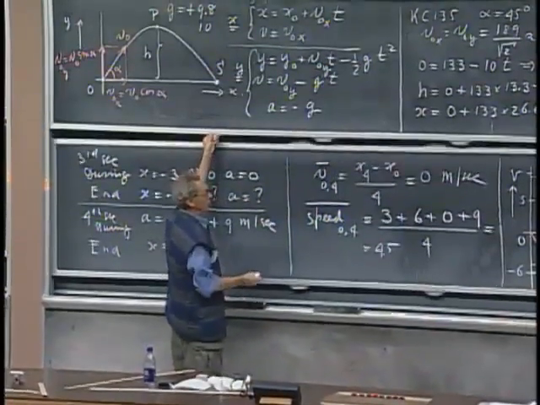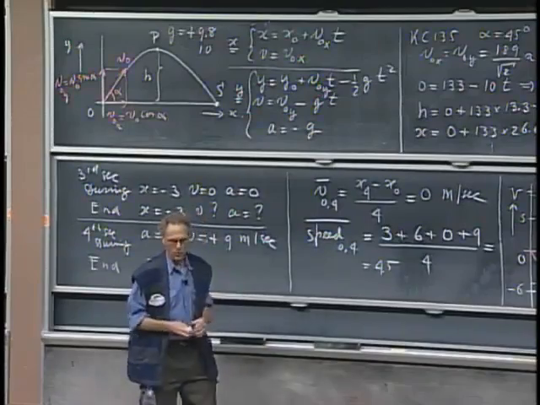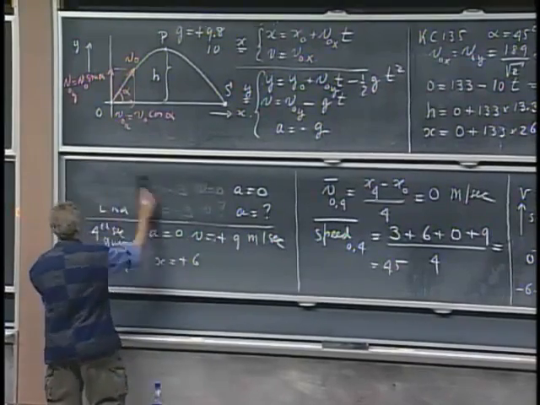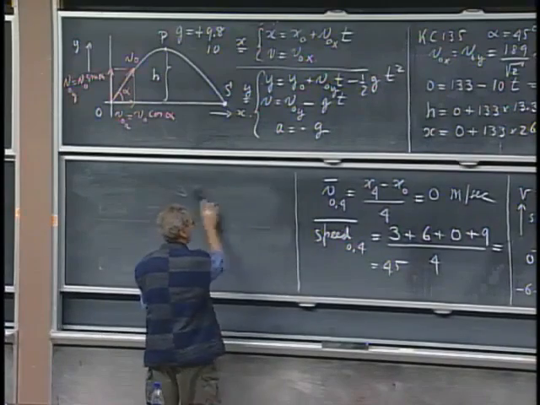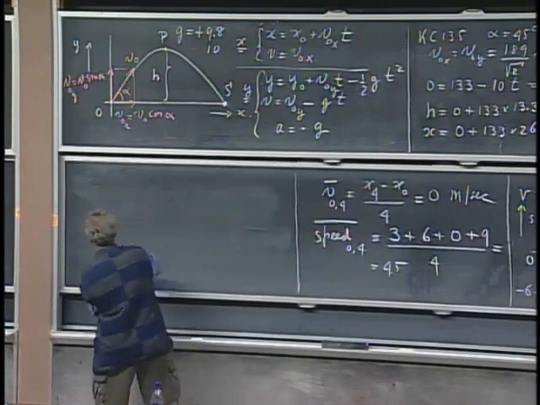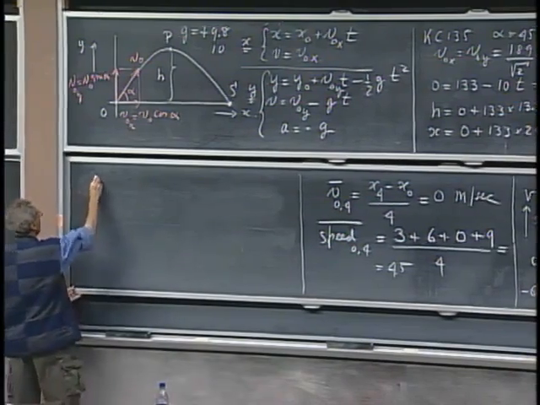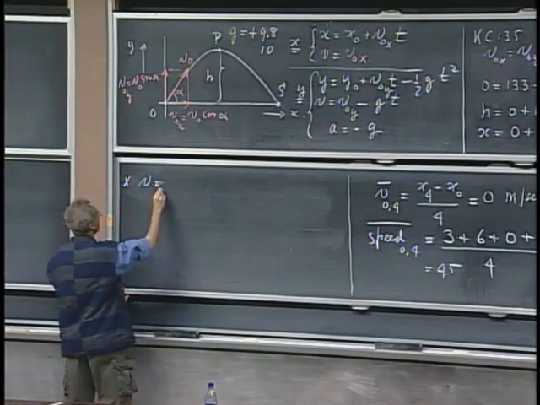I want you to appreciate, however, that I could continue to think of this as two one-dimensional motions, and I can therefore calculate what the velocity in the x direction is at S, and what the velocity in the y direction is at S. So what is the velocity in the x direction at point S?